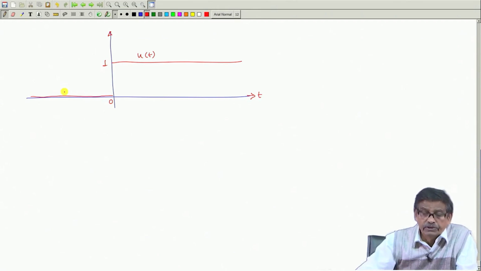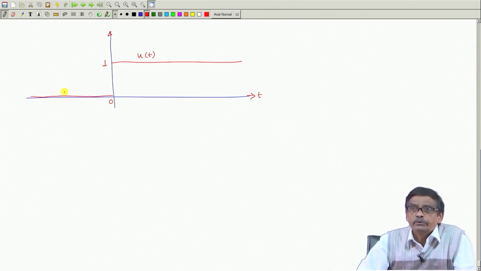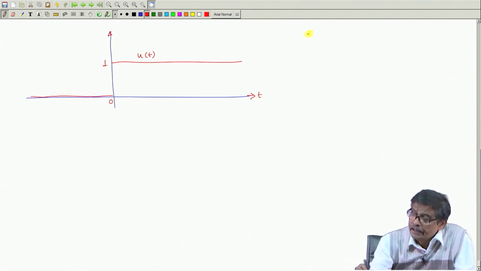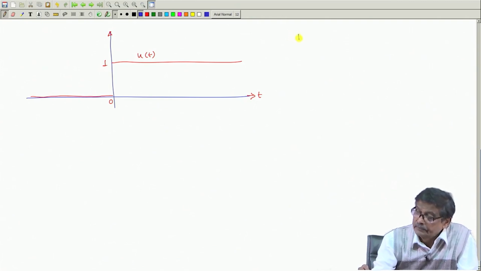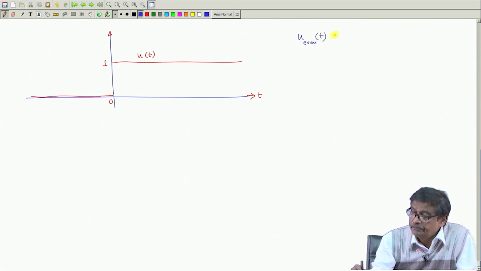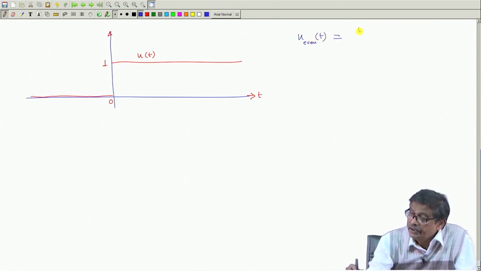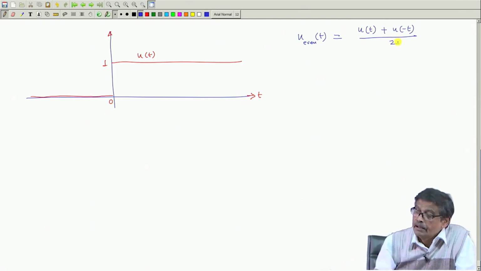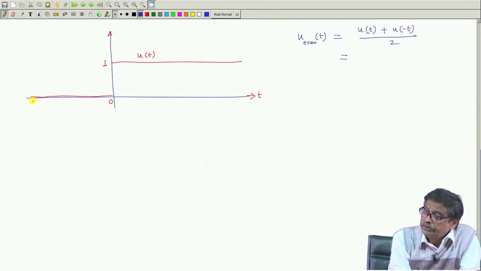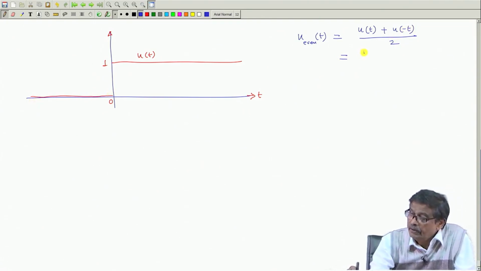Therefore, this unit step function can be broken up into its even and odd parts. Its even part will be how much? u(t) plus u(-t) divided by 2, that is what we learned. And what is u(-t)? u(-t) is 0. So, it will be half.